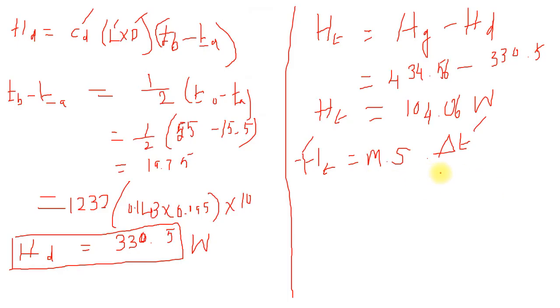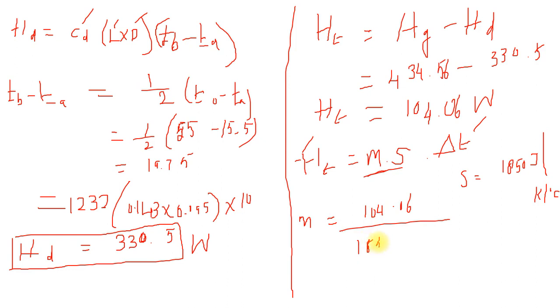So here I am going to consider this S as 1850 joule per kilogram per degree centigrade. I do not know the mass, so I need to find the mass of the oil. So m is equal to 104.06 divided by 1850 into 10.